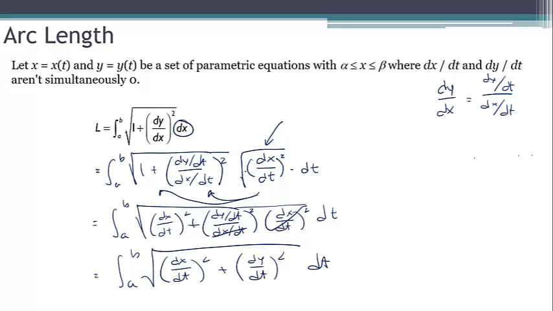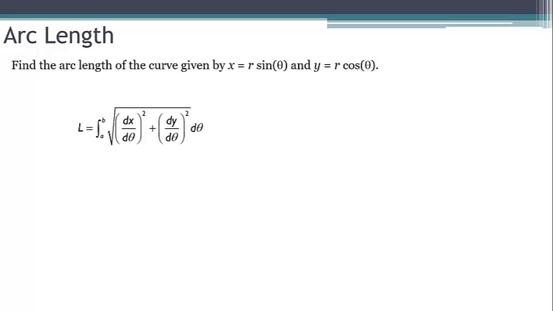All right, so let's see how we can use this. We're going to do the same thing here as we did in our first discussion of the area under parametric curves: work with something that we already know. In this case, we're again working with a circle whose radius is r. To use our formula, we first need the individual derivatives. dx/dθ is r cosine θ, and dy/dθ is minus r sine θ.